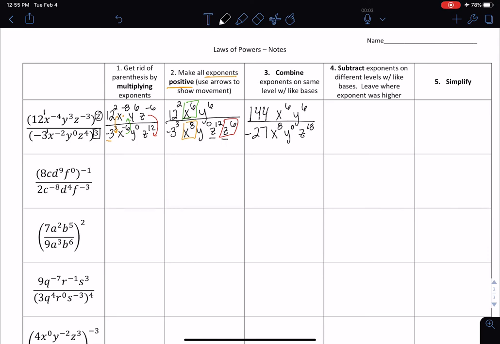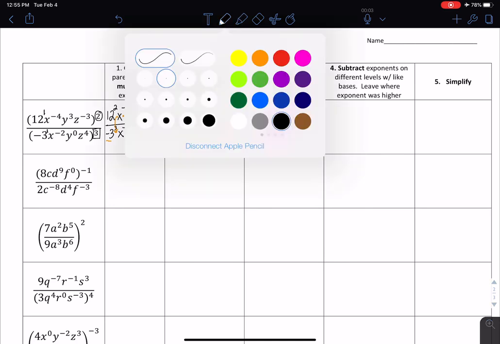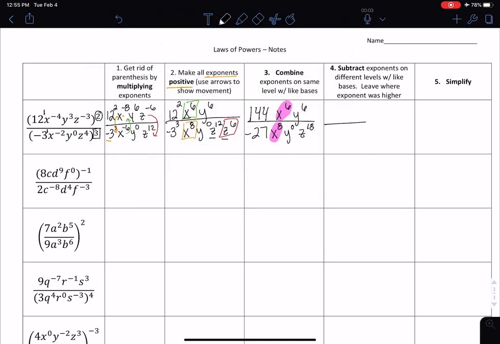Okay, and then close to being done. Now we're going to subtract. The exponents are on opposite but the same base. So for example, we're going to do our X's. Okay, so I have 144 staying and -27 staying.